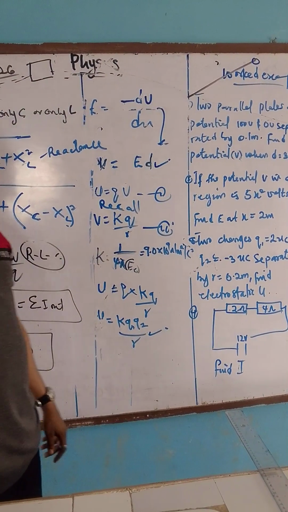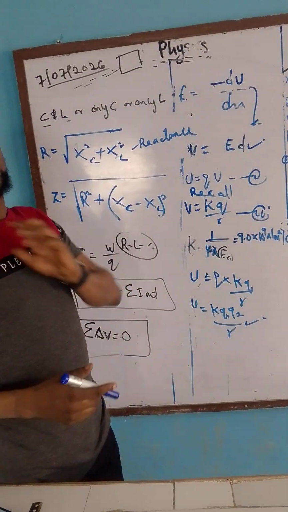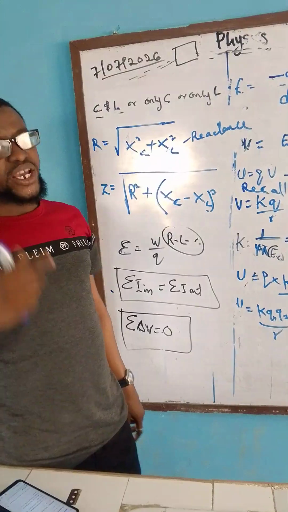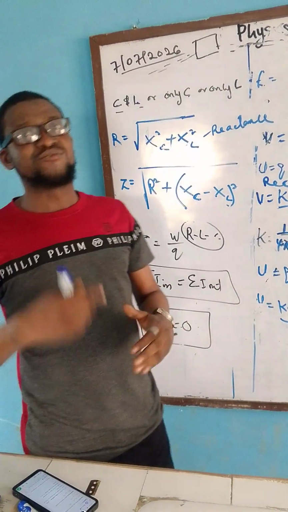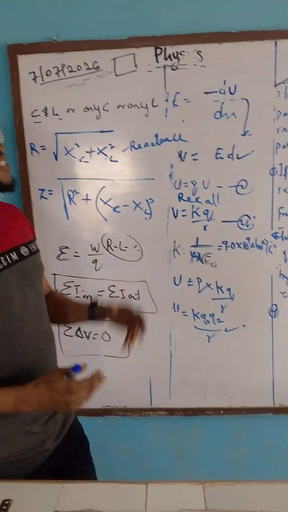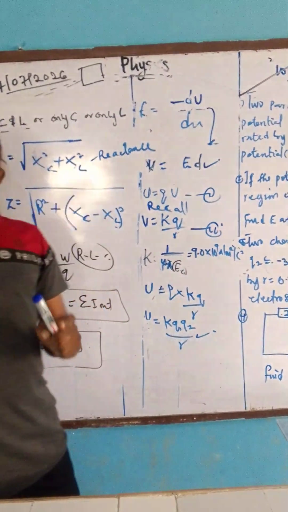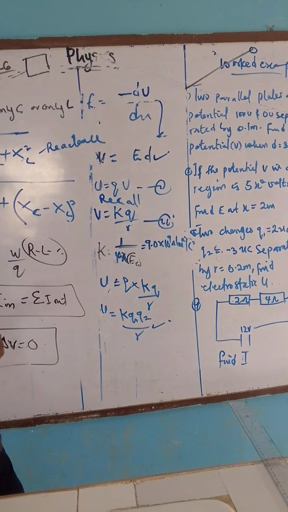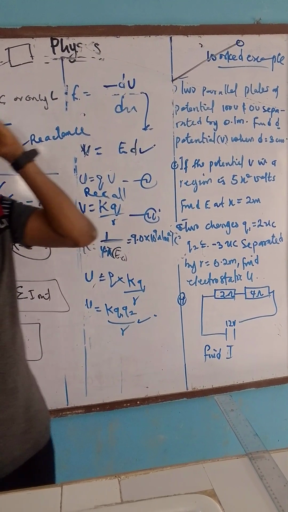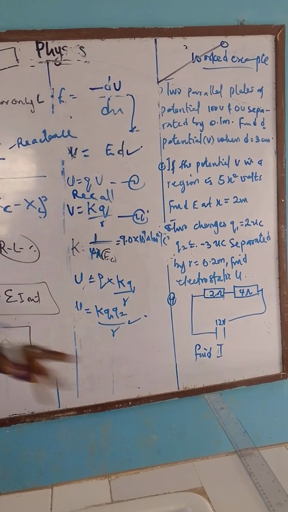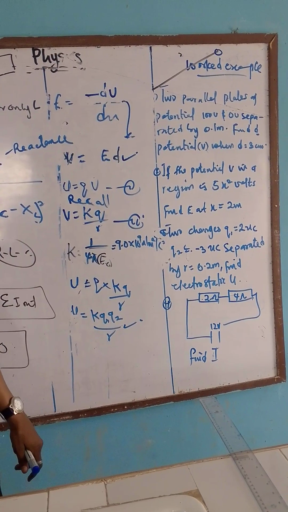You once asked me how you will identify the formula you can use. You won't be able to identify any formula in physics if you have not mastered so many formulae. So the first thing you do, when you see the question, is look at all the parameters in the question and write them out. Parameters mean all the information given in the question. Now from your head, think of any formula that has everything in the question except only one thing.